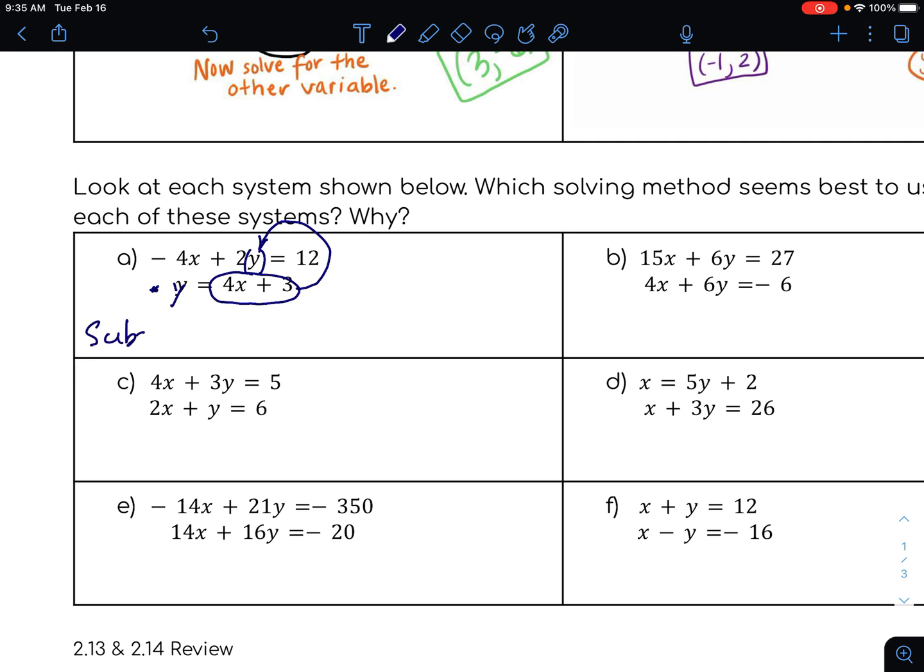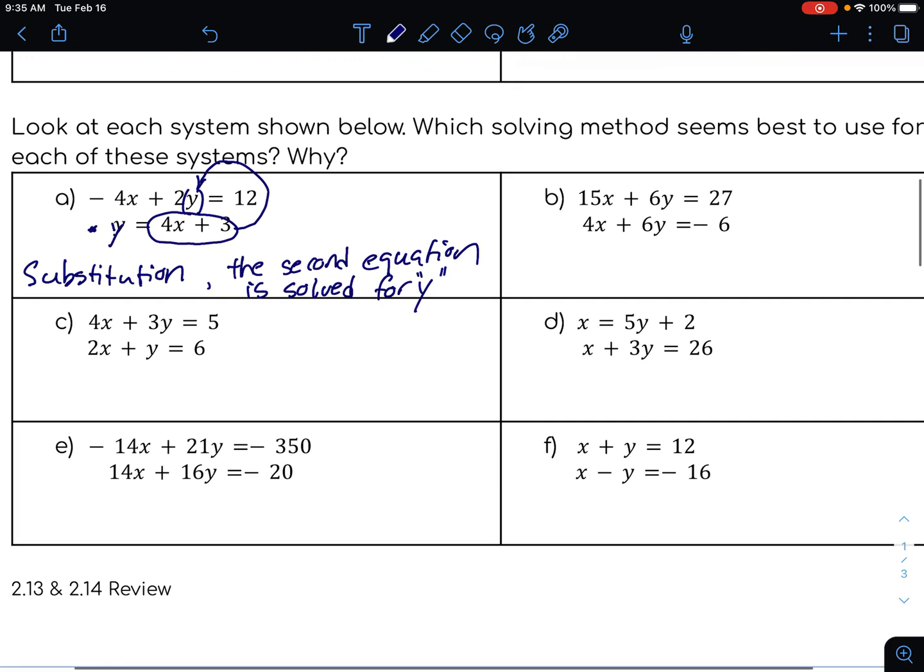You can trade it out. So substitution, the second equation is solved for y. In other words, it's got y by itself, which makes the substitution step a little easier.